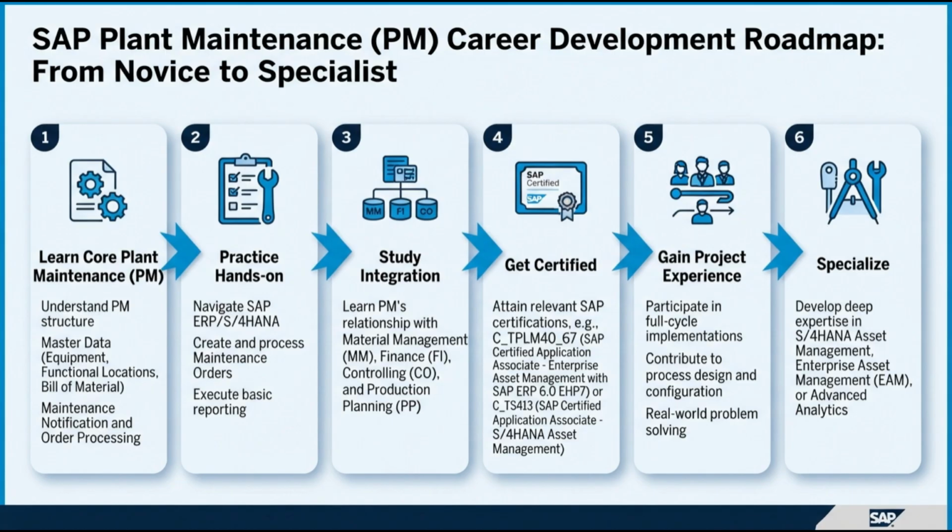Relevant SAP certifications can add credibility, but real system experience and project exposure are equally important. Continuous learning through official documentation, practice systems, community blogs, and real scenarios will keep your skills updated. Certification is helpful, but consistent practical knowledge is what truly builds confidence and employability.